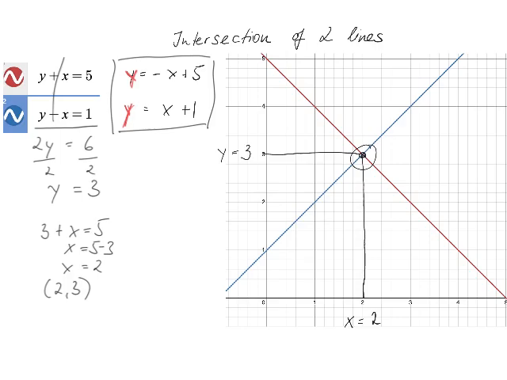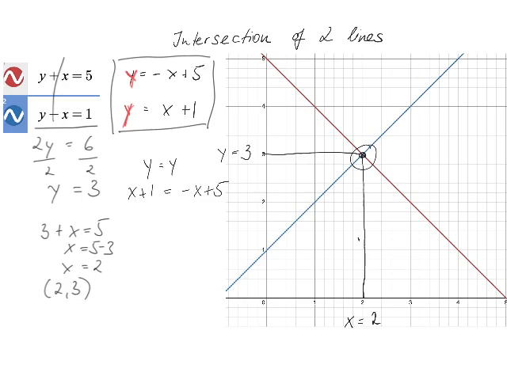So what we can do at this stage is replace the y's with each other. We just set the two equal. The y's are the same, so now we put in the two equations: x plus 1 for one of the y's, and minus x plus 5 for the other y.